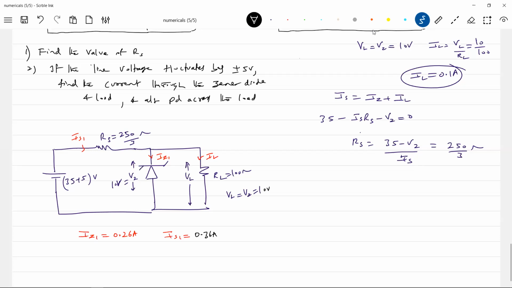Okay, next circuit. Because I had to write nearby, it is 35 minus 5. Sir, this is for 35 minus 5.